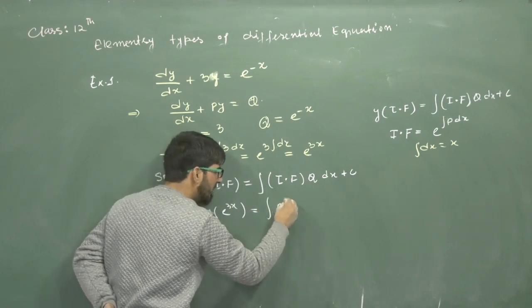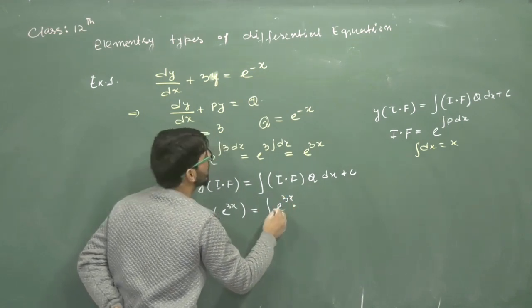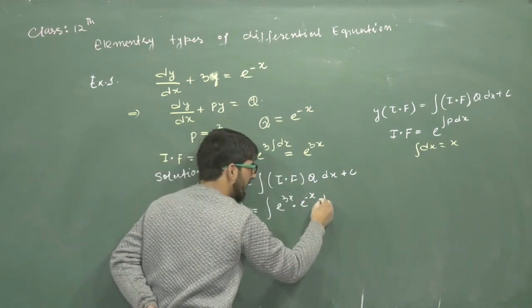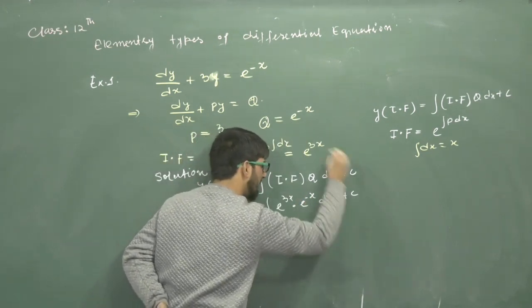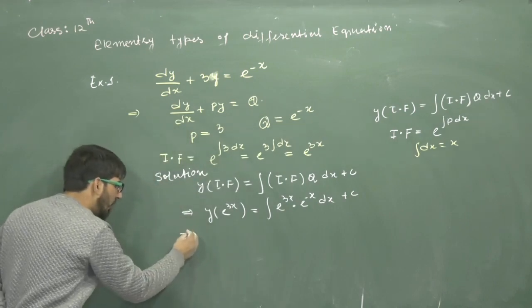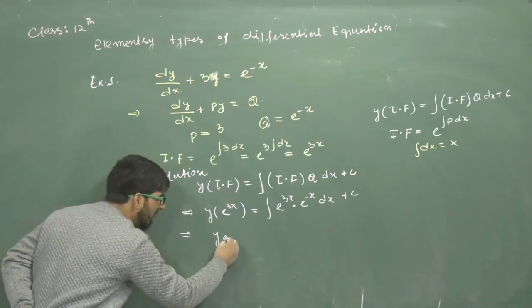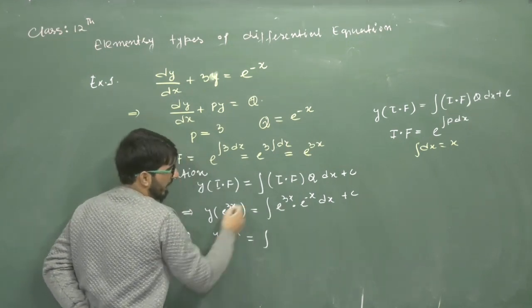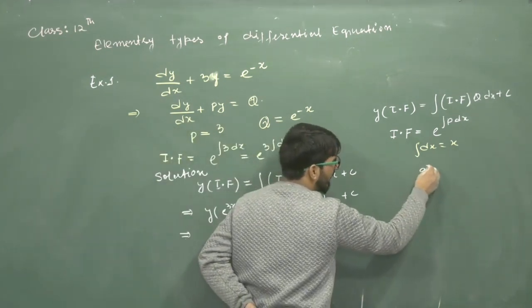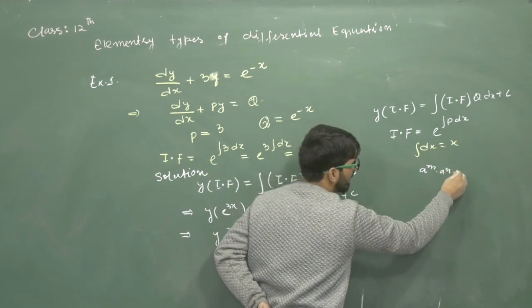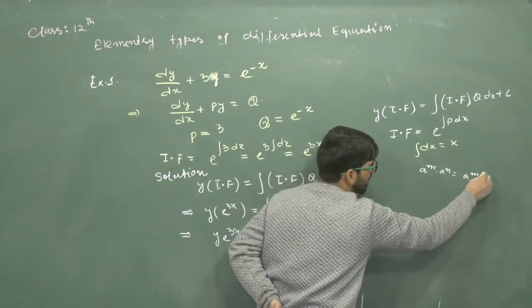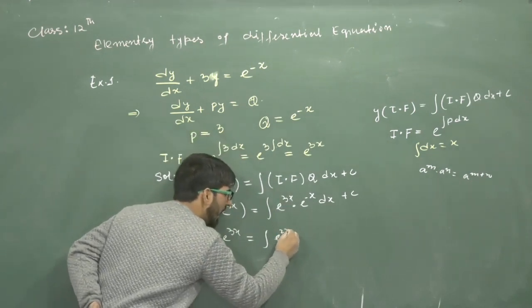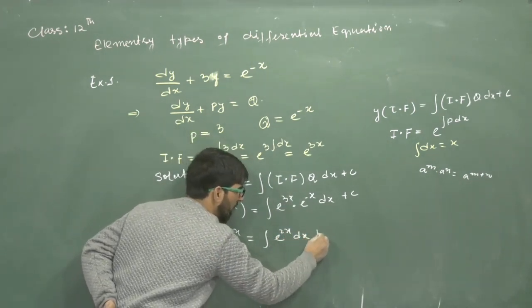Integral of e raised power 3x into q, what is the q? That is e raised power minus x dx plus c. So which is equal to y into e raised power 3x. Here, as we know that a raised power m into a raised power n is equal to a raised power m plus n, here we get e raised power 2x dx plus c.